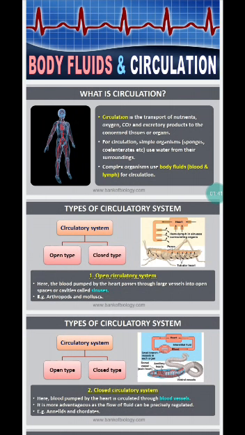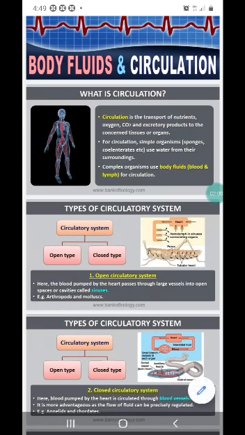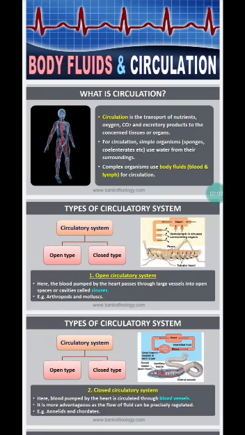In an open circulatory system, which you can see in cockroach and other lower invertebrates, there is a heart-like organ which pumps the blood into the body spaces called sinuses. Whereas in closed circulatory system, the blood flows in blood vessels.